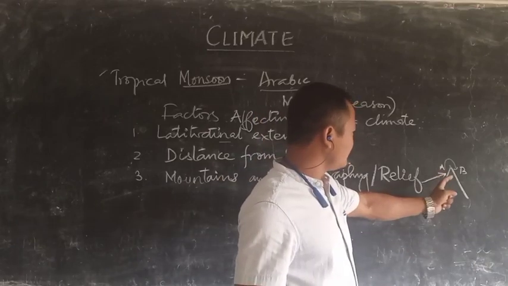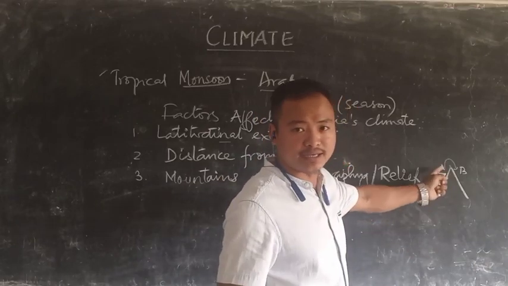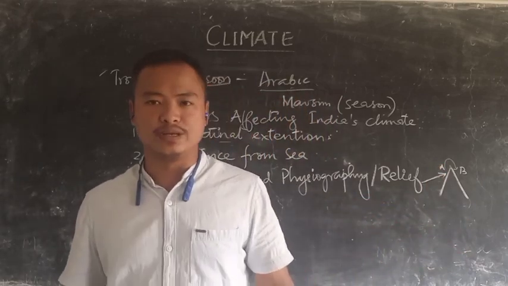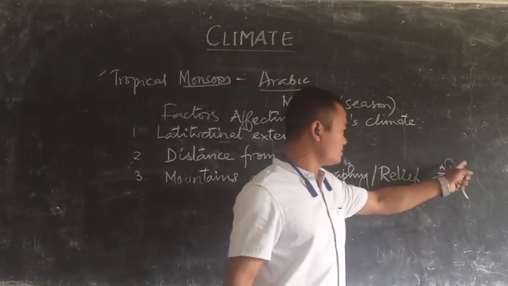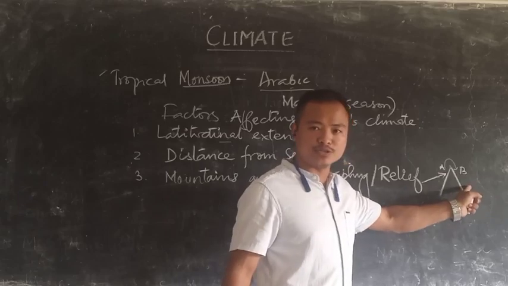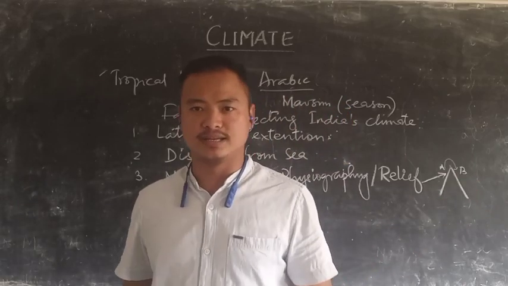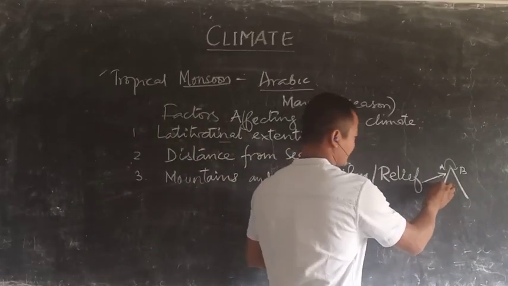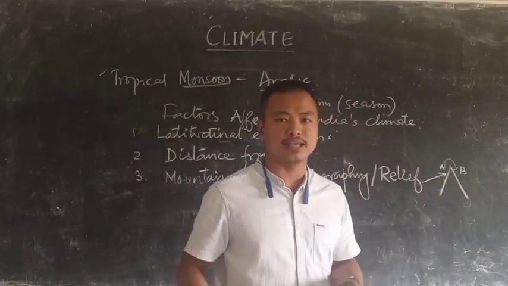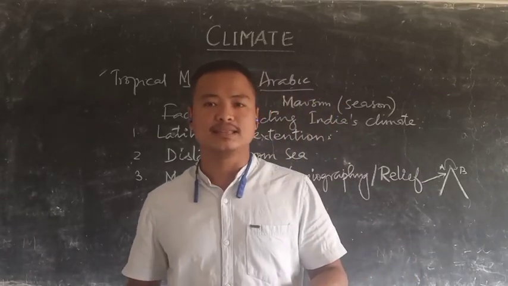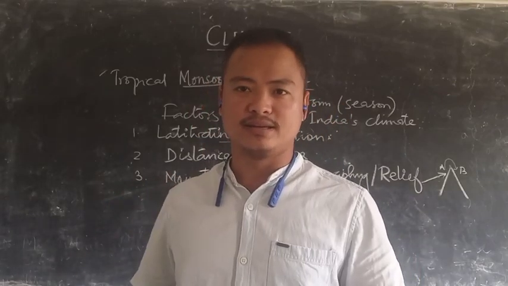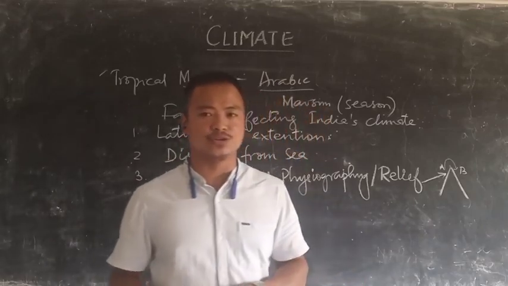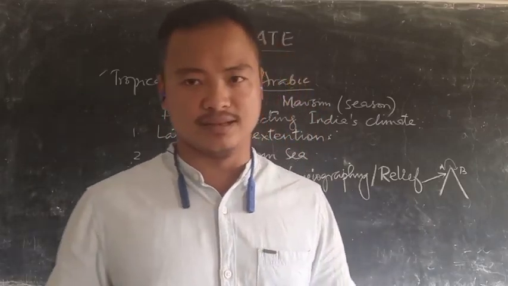So the side which obstructs the wind, that is side A of the mountain, is considered to be the windward side, while the other side of the mountain, that is opposite to windward side, is known as leeward side. So what difference it brings is the windward side that obstructs the wind usually experiences heavy rainfall as compared to leeward side. The leeward side receives lesser rainfall and hence is also known as the rain shadow area.